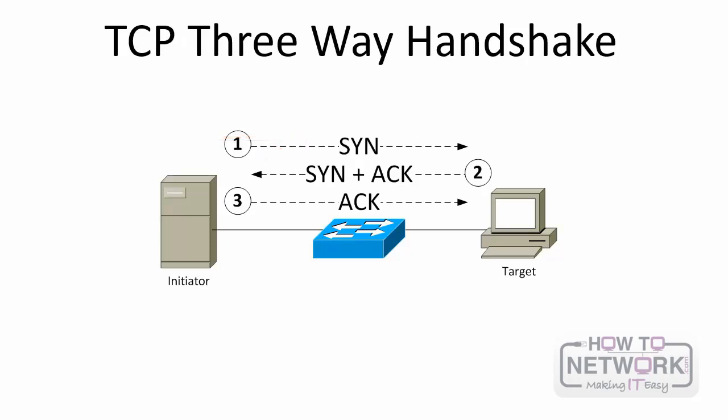And then the target host acknowledges the receipt of that SYN message and sends an ACK message. And it also sends a SYN message of its own. Finally, the session initiator receives the SYN message from the target, and again, it acknowledges receipt by sending an ACK message, and therefore you have a TCP session established. You need to know each of those steps, 1, 2, and 3, for your exam.